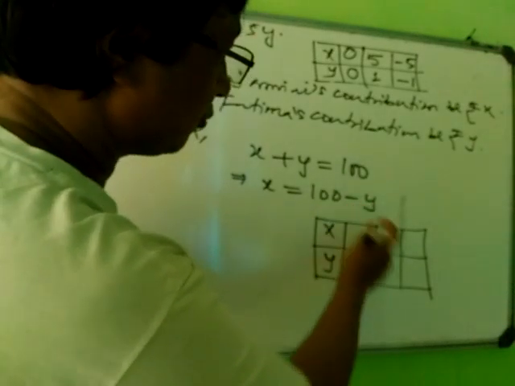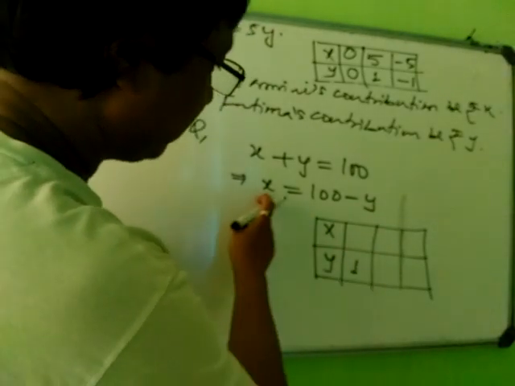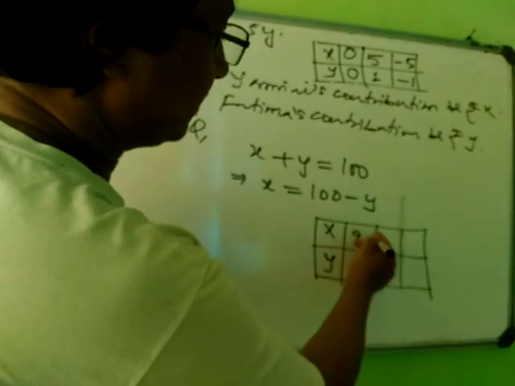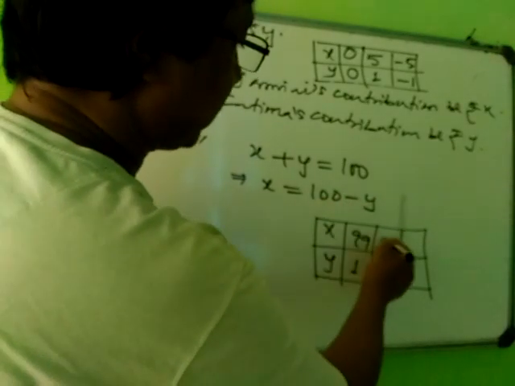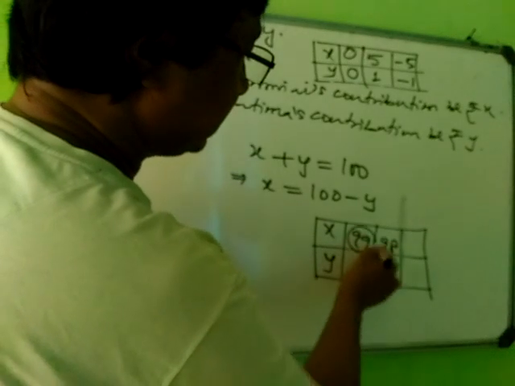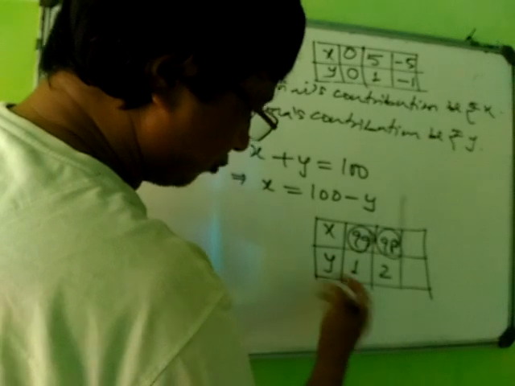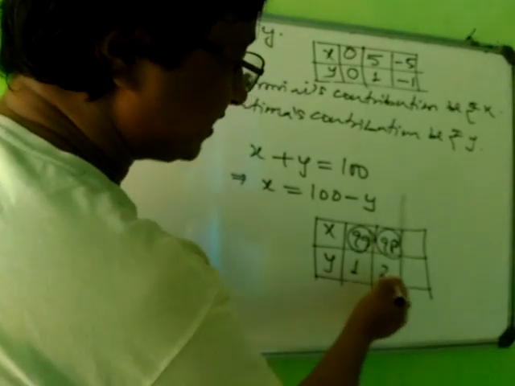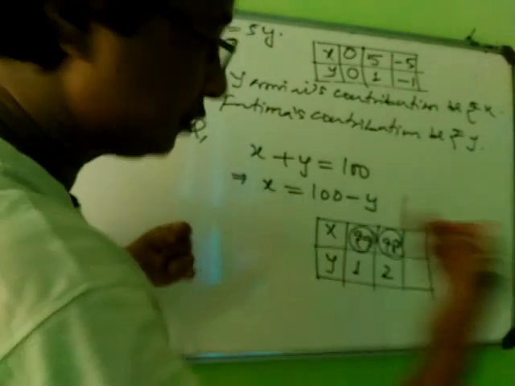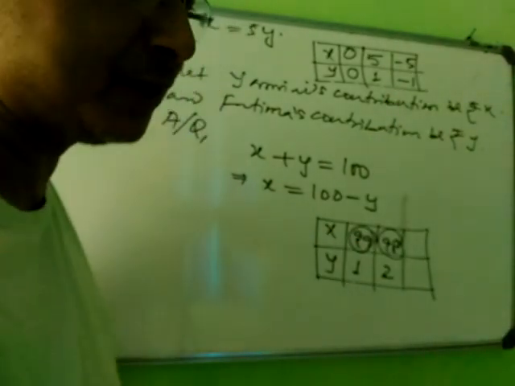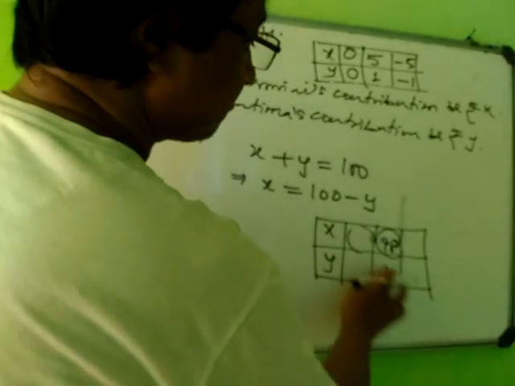Because supposing you took Y as 1, how much will X be? 100 minus 1, 99. Say you took Y as 2, so 100 minus 2, it will be 98. By seeing these numbers, on one side the numbers will be very small, and on the x-axis the numbers will be bigger. So enough space will not be there. That is why we will not take this kind of numbers.